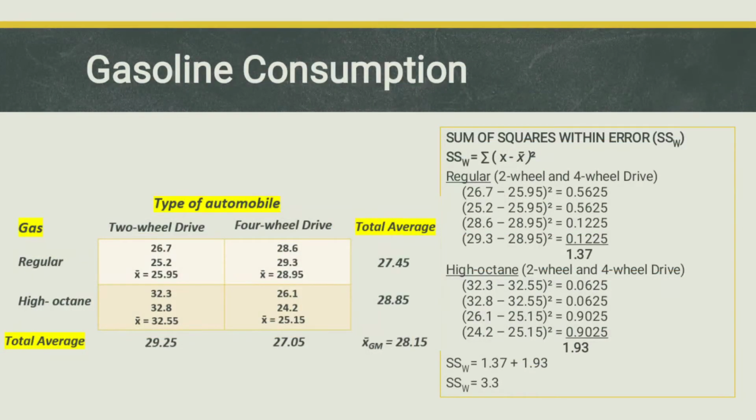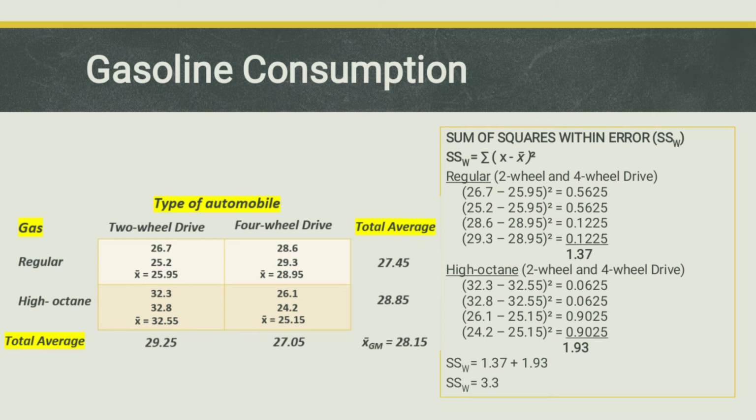And for the sum of squares within error, our formula is the summation of x or the data values in each group minus the mean value in each group squared. For regular, 2-wheel and 4-wheel drive, 26.7 minus 25.95 squared is equal to 0.5625. 25.2 minus 25.95 squared is equal to 0.5625. 28.6 minus 28.95 squared is equal to 0.1225.